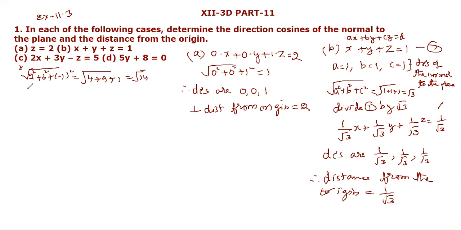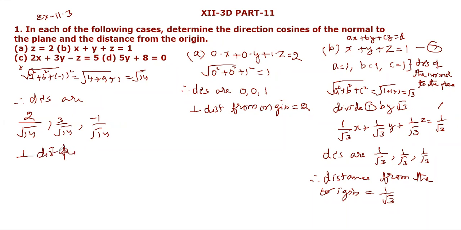So divided by under root 14, therefore DCs are 2 by under root 14, 3 by under root 14 and minus 1 by under root 14, and perpendicular distance from origin is equal to 5 by under root 14. Distance is positive. That is question number 1.